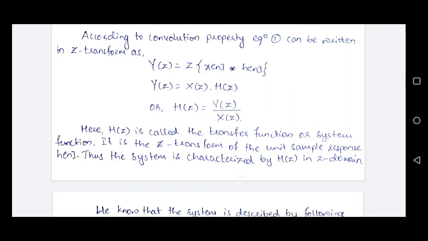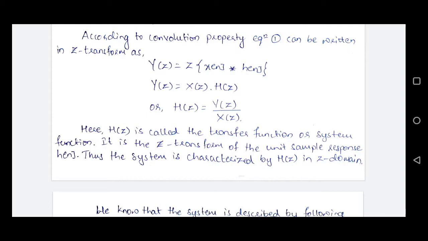According to convolution property, if we are performing convolution in the time domain, then its equivalent operation in the frequency domain will be multiplication. So y of z will be equal to multiplication between Z transform of the input and Z transform of the impulse response. So it will be represented as x of z multiplied by h of z.